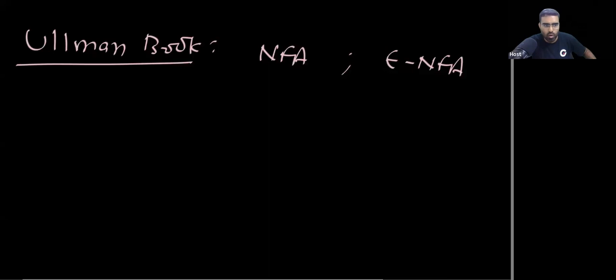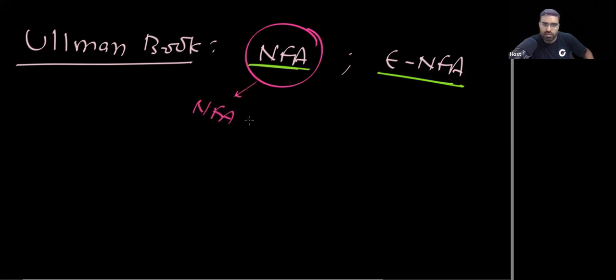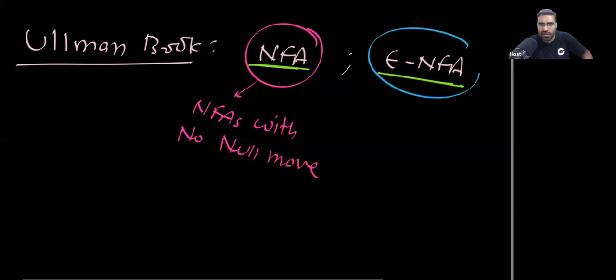Whenever Ullmann says NFA, he means there are no null moves. These are the NFAs with no null move, and these are the NFAs with null move.